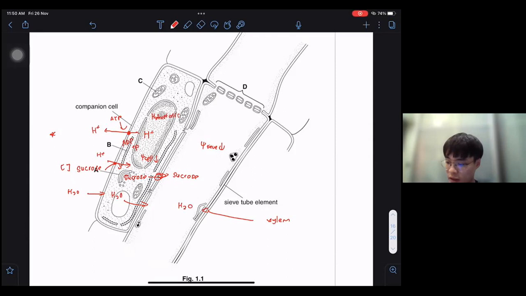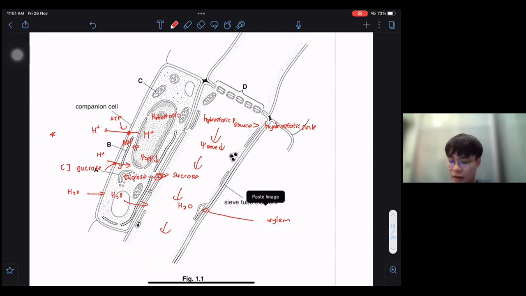So the hydrostatic pressure will increase, and imagine this part is a source. The hydrostatic pressure will be higher than the hydrostatic pressure of the sink. This will make the sucrose be pushed down the pressure gradient and move into the sink. This is also known as mass flow.